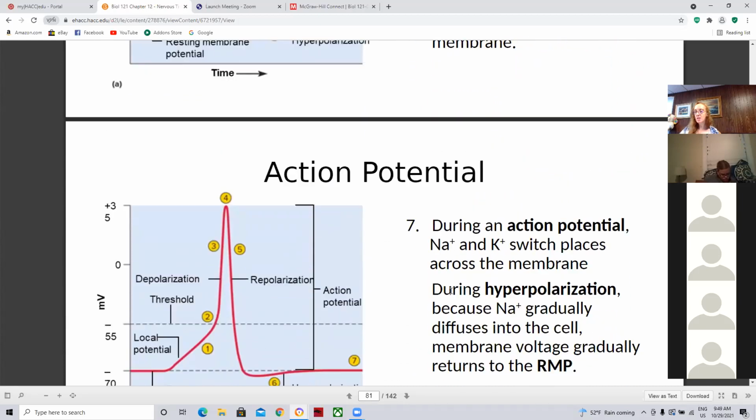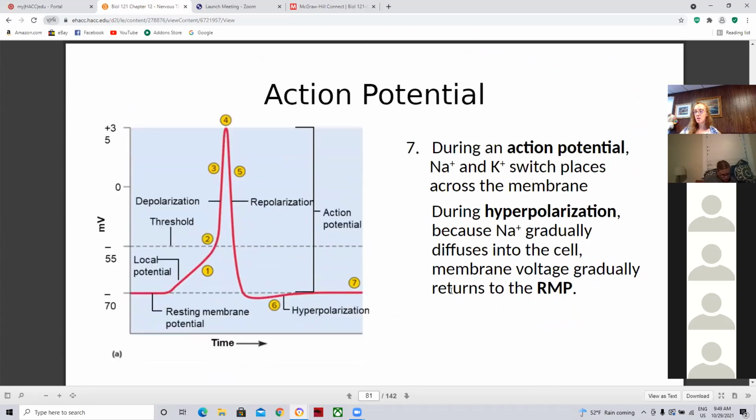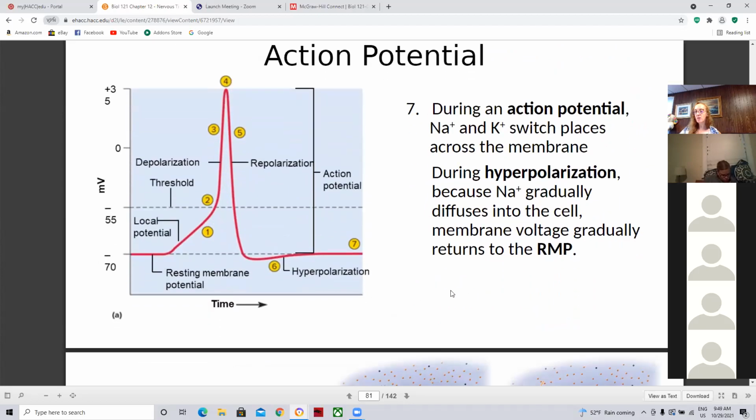Sodium will start leaking into the cell, allowing for recovery from the hyperpolarization to the resting membrane potential. Questions?